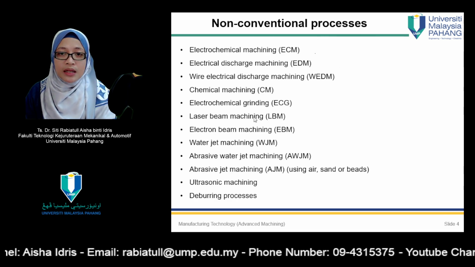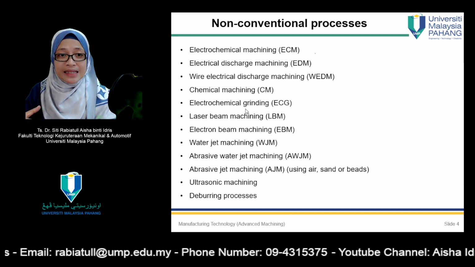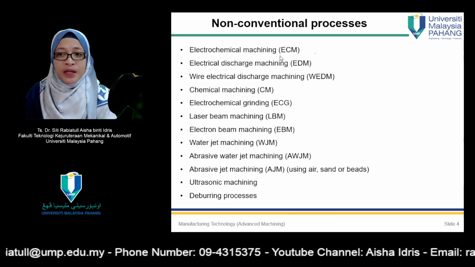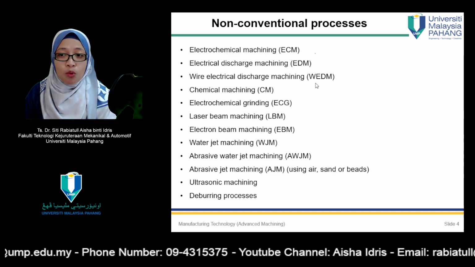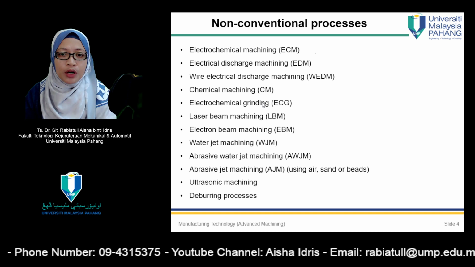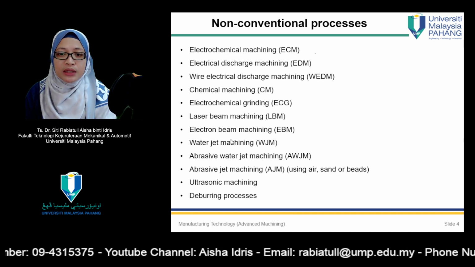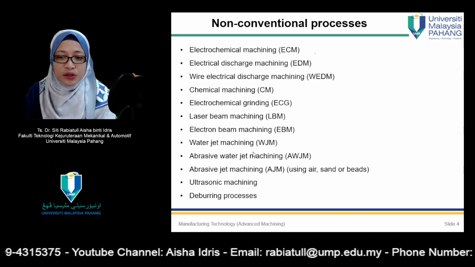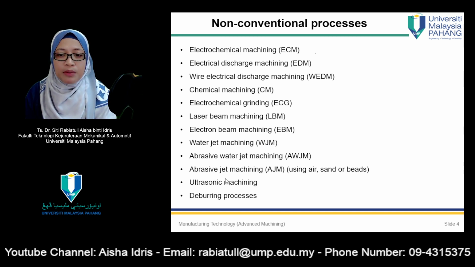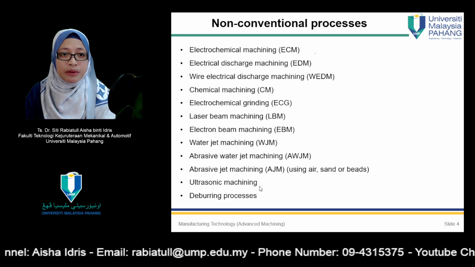These are examples of non-conventional processes that exist in industry: ECM, EDM, wire EDM, chemical machining, electrochemical grinding, laser beam machining, electron beam machining, water jet machining, abrasive jet machining, ultrasonic machining, and also deburring processes.